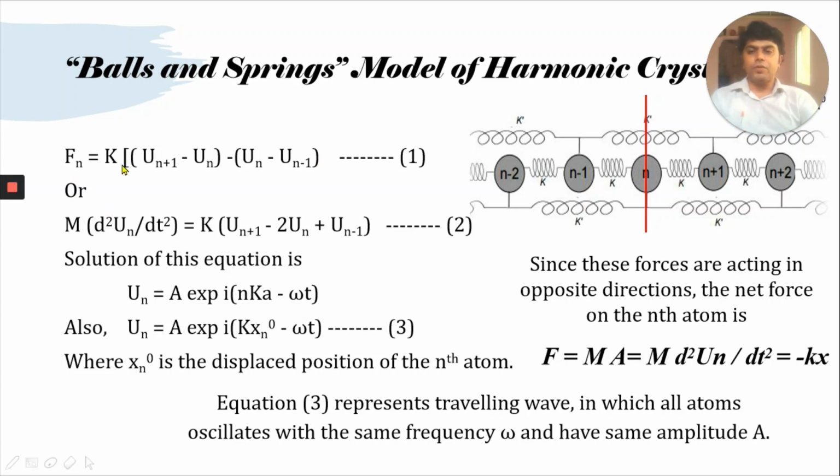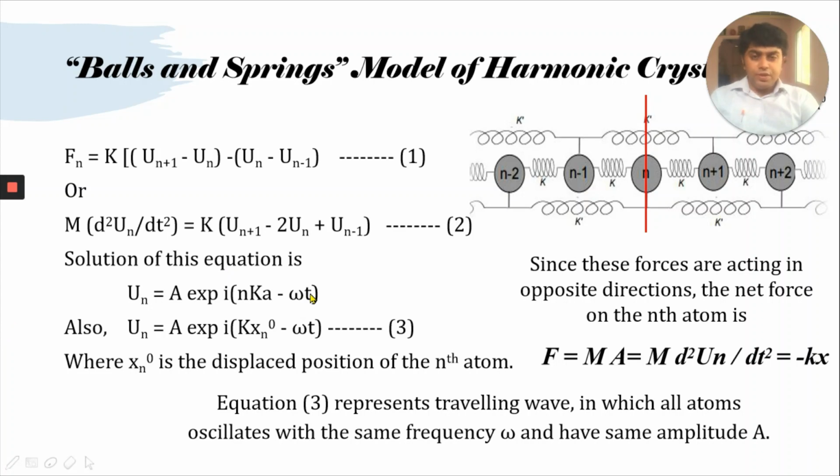So f equal to k times (un plus 1 minus un) minus k times (un minus un minus 1). Or I know what f is, because f is m into d square u by dt square, which is equal to the right hand expression, where the harmonic vibration has been seen for the atoms.